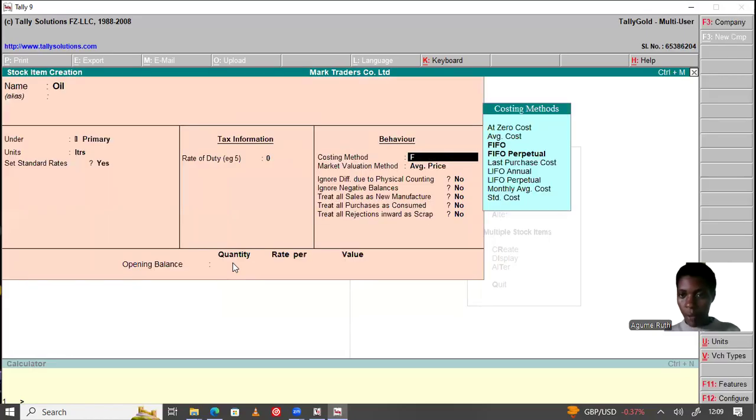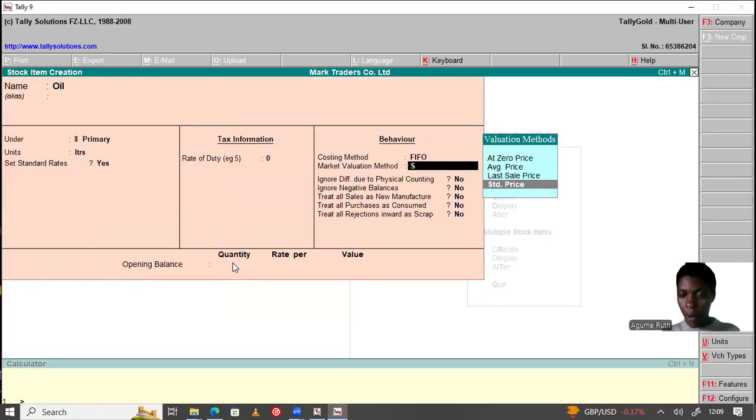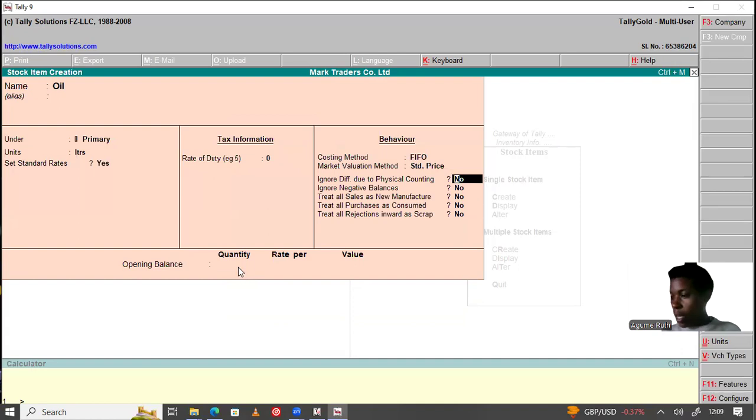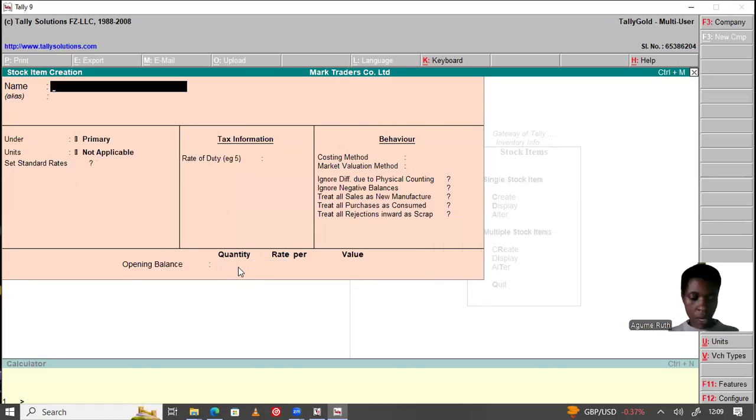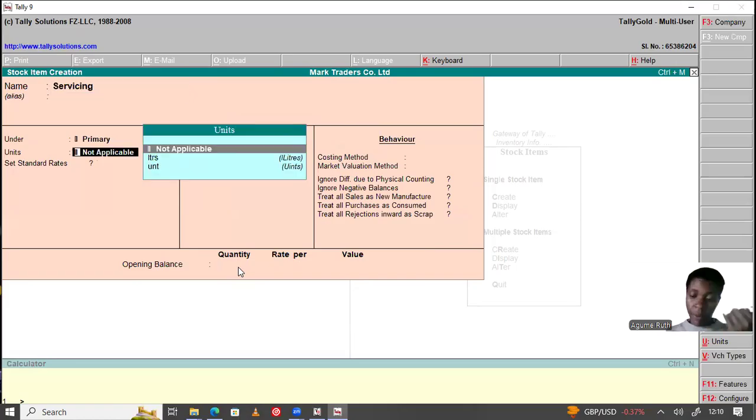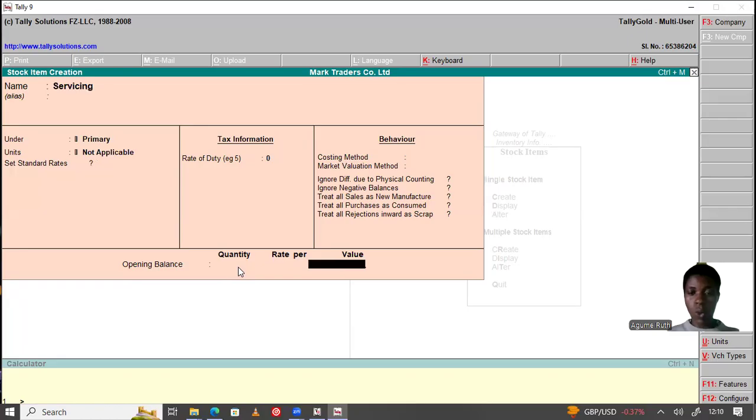Then I can use FIFO standard price as the market price, and the opening quantity is 10 at the cost price of 10,000, which gives us 100,000. Then I say servicing. Servicing, it has no standard rates, and I don't put in the value.